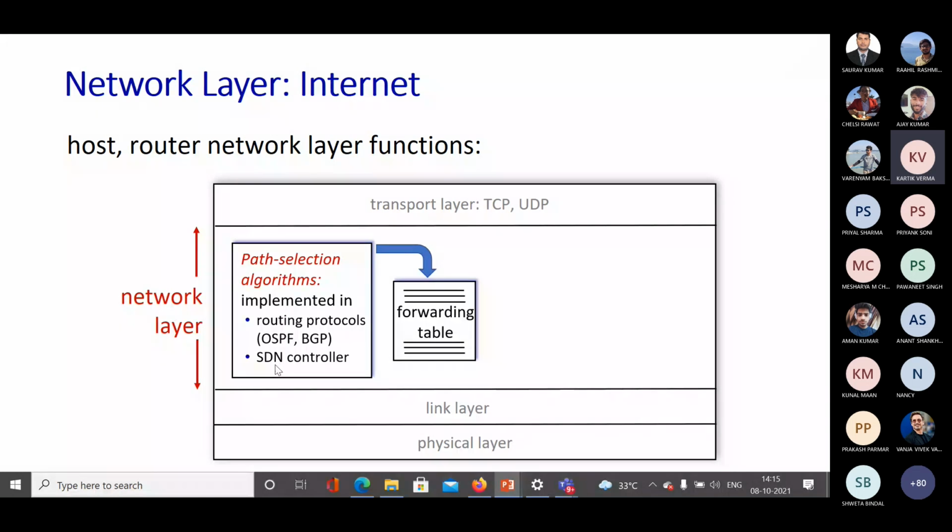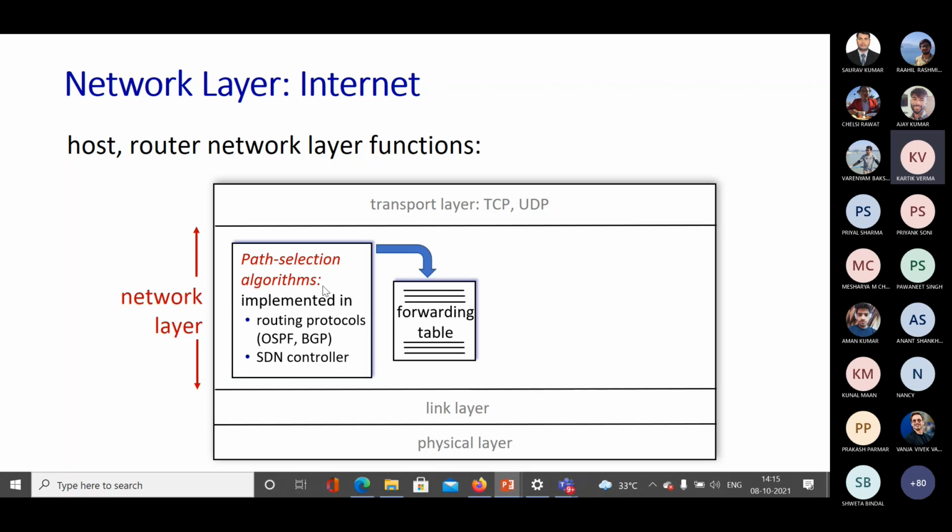So this module is basically working for that. These path selection algorithms are implemented in the form of routing protocols. We will read about the routing protocols in this same chapter. OSPF and BGP are some of the known routing protocols, and we can also study the SDN controller.